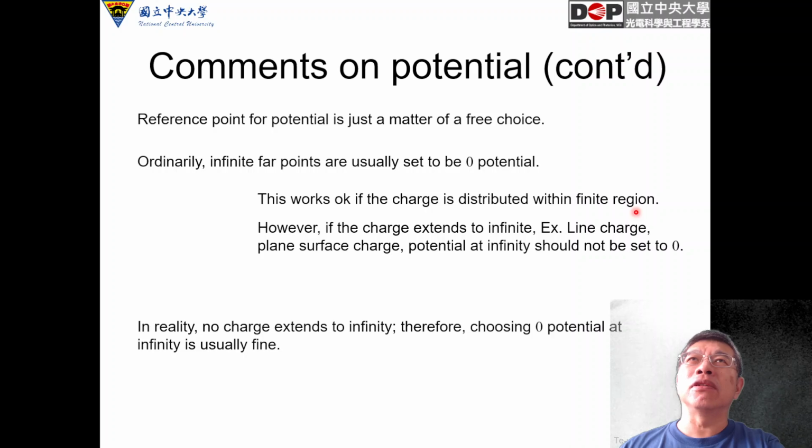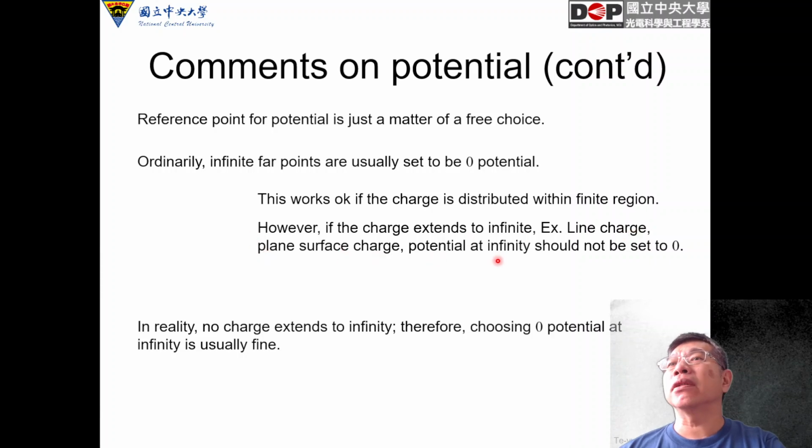But in some problems the charge is distributed very far, and that is a different thing to consider. If the charge extends to infinity, like a line charge or plane surface charge, the potential at infinity should not be set to zero. In reality, no charge extends to infinity. Therefore, choosing zero potential at infinity is usually fine.